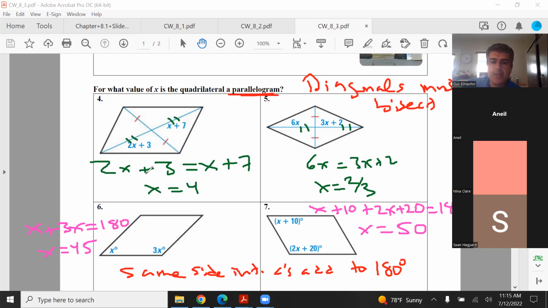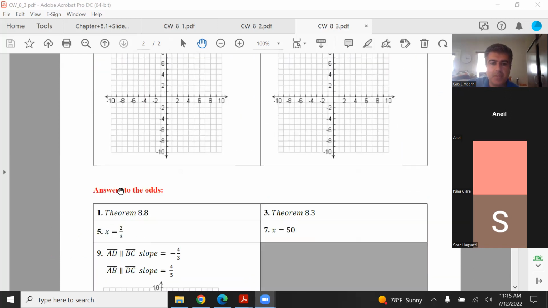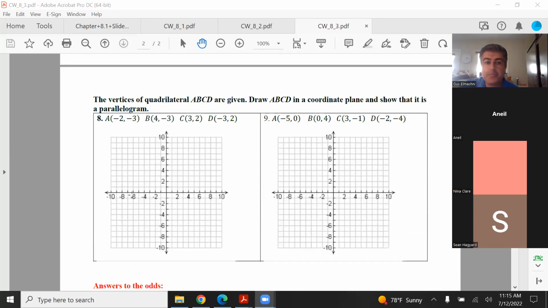Okay, so let's keep moving. Just two more problems and we're all done. So here, you're being asked to plot the points, draw and show that it's a parallelogram. So there are a few ways you could do this. I would suggest using slope.